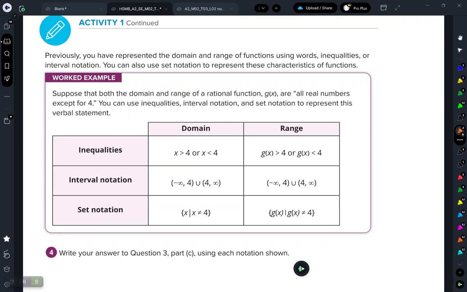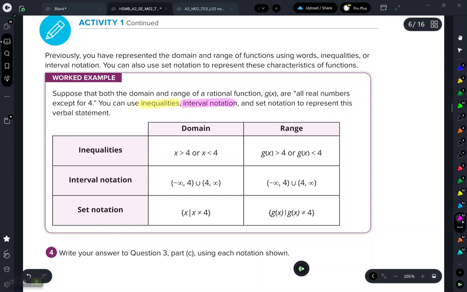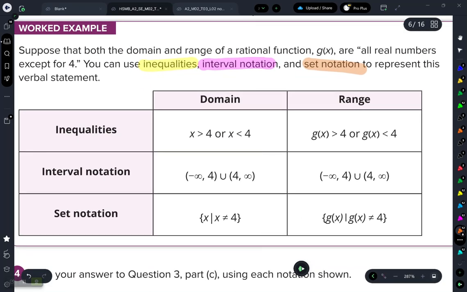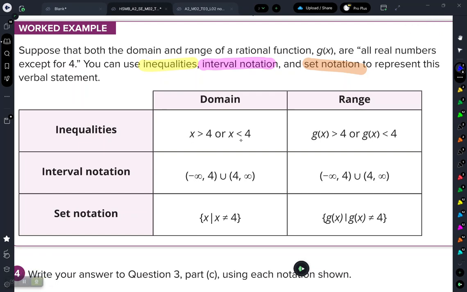Here's an example for what if your domain and your range is all real numbers except for 4. Other ways that we can write our domain and range is with inequalities, interval notation, and set notation. So if we're doing inequalities for the domain, we would say, well, x can be greater than 4 or x can be less than 4, but that excludes x equaling 4 because we don't have an equal to on either of these.